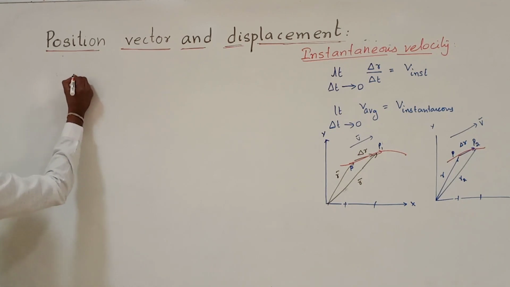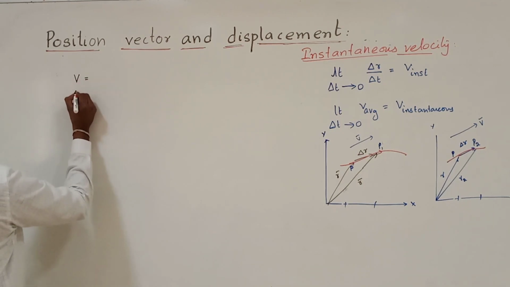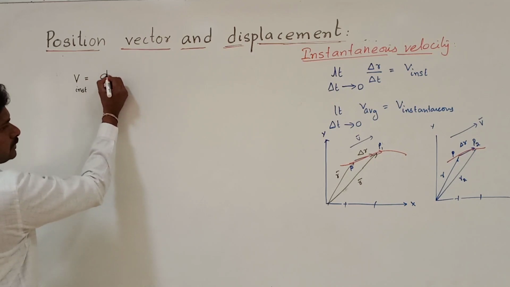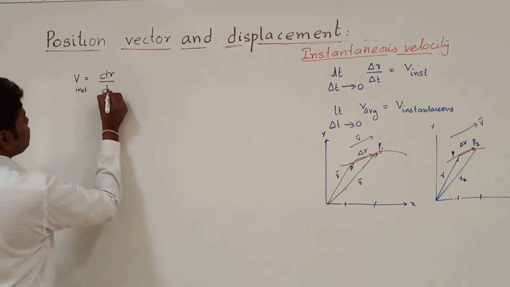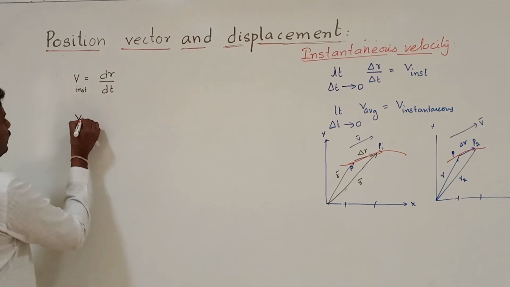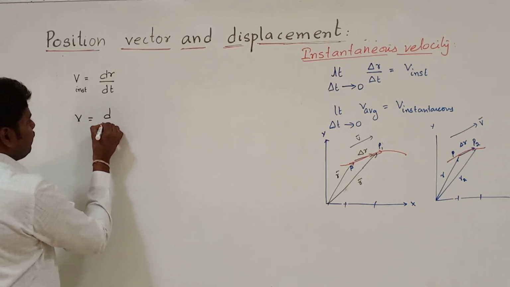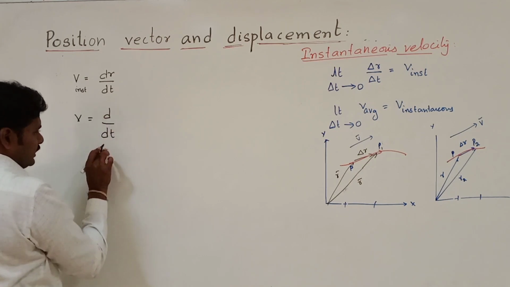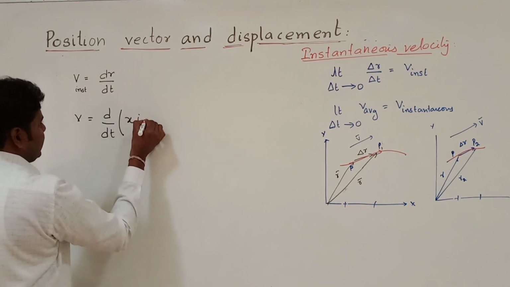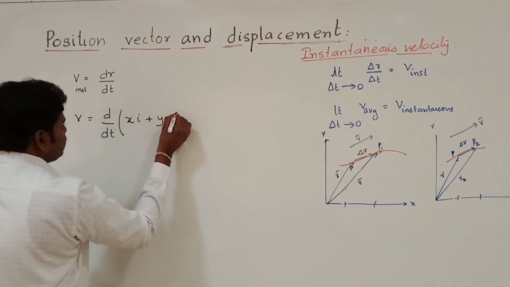Now V, the instantaneous velocity, we have written as dr by dt, right? Now V is equal to d by dt, differentiation with respect to time, of the r vector, which is xi plus yj, the position vector.